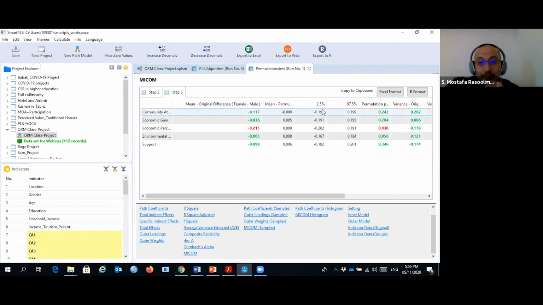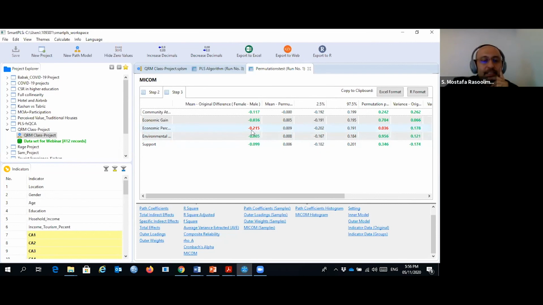We need to look at the permutation, these two values, the low and high level of the confidence interval. This confidence interval is created based on permutation. When the difference doesn't fall between these two values, it is significantly different from 0.